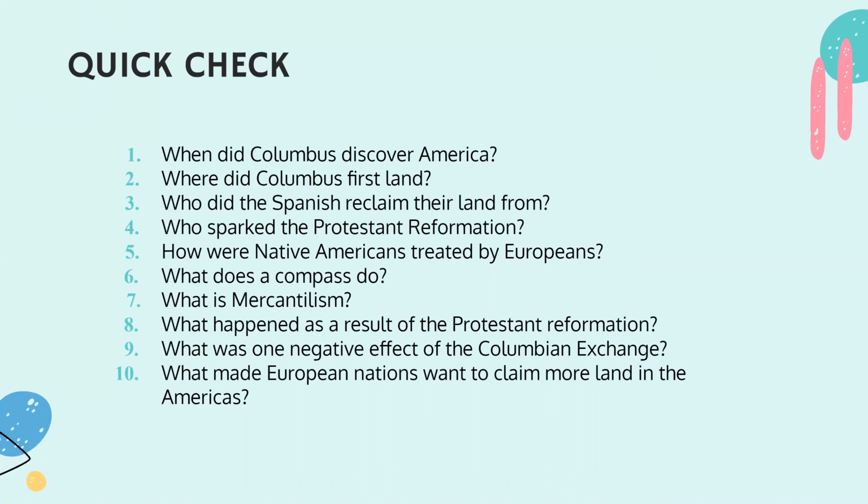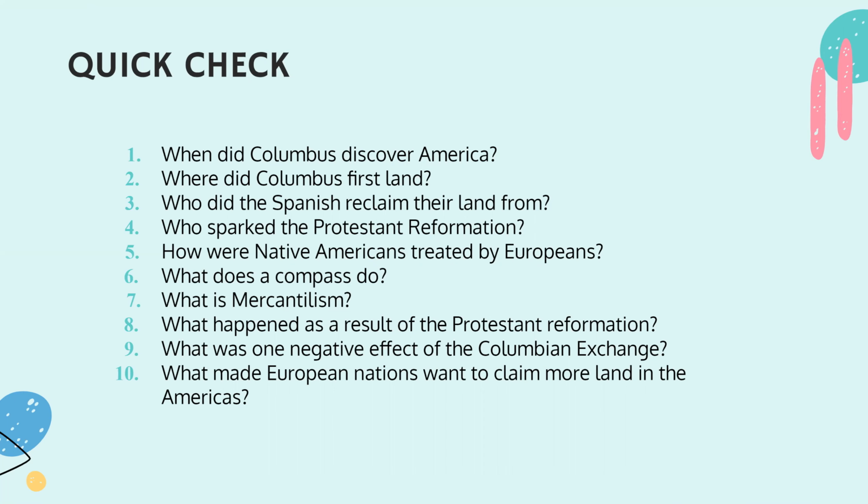They reclaimed their land from the Muslim Moors. 4. Who sparked the Protestant Reformation? Martin Luther. 5. How were Native Americans treated by Europeans? They were treated horribly by Europeans, and they were used as free labor.